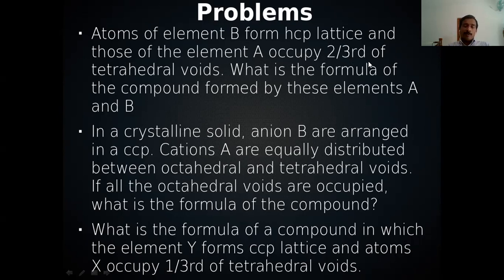So what will be the formula? B will be the anion. If it is forming, the voids are small, so A will be the cation.